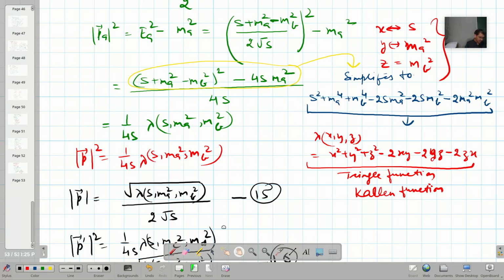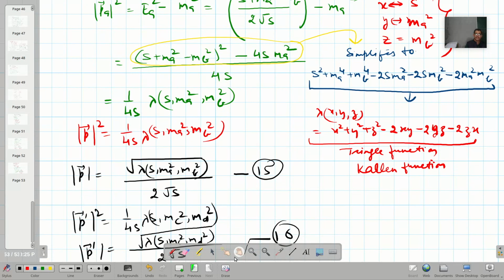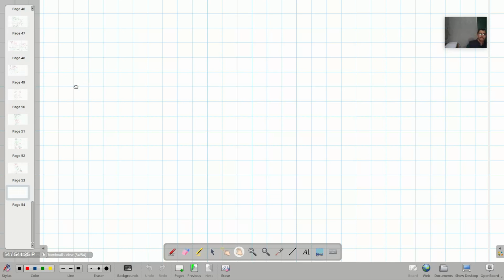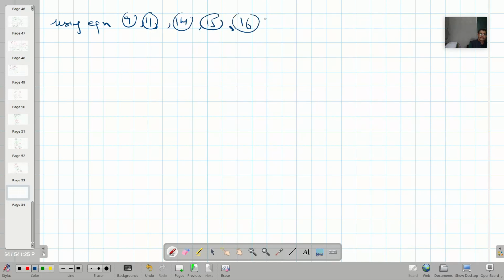So now using equations 9, 11, 14, 15 and 16 in equation 13, what we are getting?